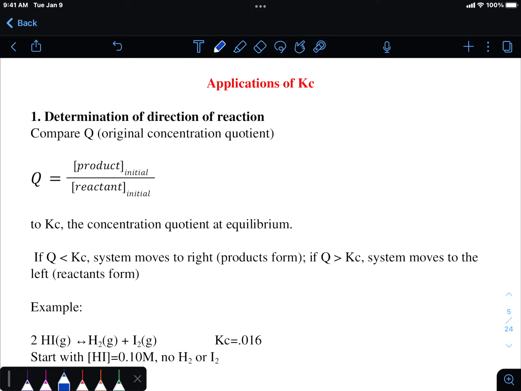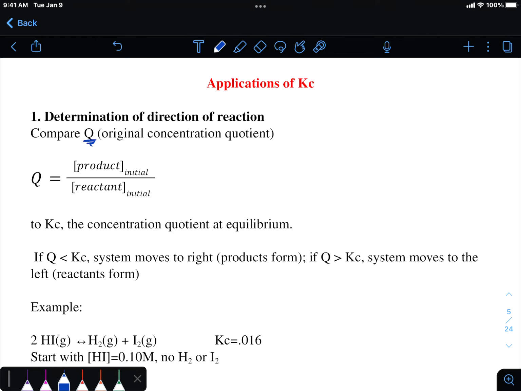All right. Kc, right? Here's what we can do with it. First, we need to determine the direction of the reaction. And sometimes we don't have enough information. So that brings about this new law of mass action called Q, right?